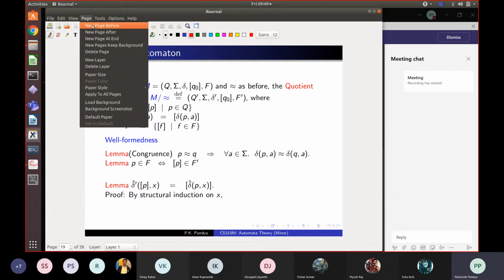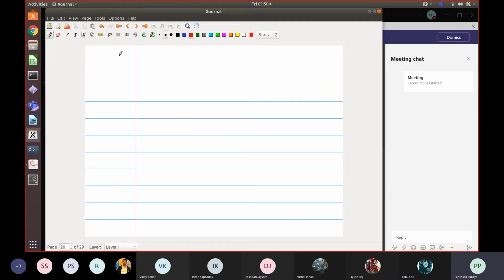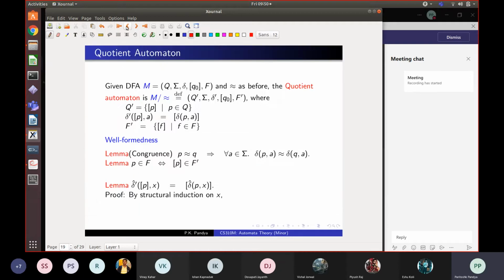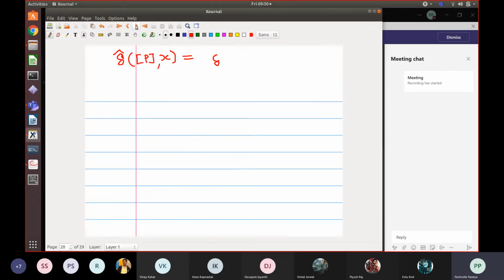Let me add a page. So what do we have to prove? Delta hat prime of the equivalence class of P on an arbitrary string X is equal to, sorry, this is delta prime, because we are running the quotiented automaton. Remember, the transition function of the quotiented automaton is called delta prime, and the transition function of the original automaton is called delta.